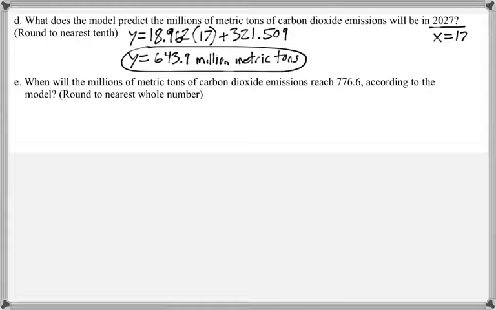Part E says, when will the millions of metric tons of carbon dioxide emissions reach 776.6 according to the model? So according to the line that you made, what's it going to be? So the value that they give us here, is this an X value or a Y value? Well, the CO2 emissions, that was the Y value.